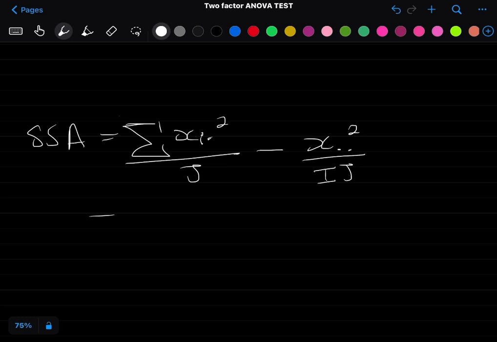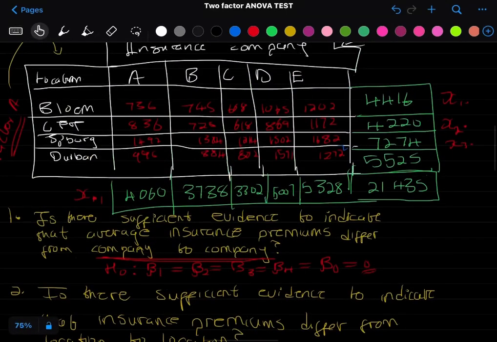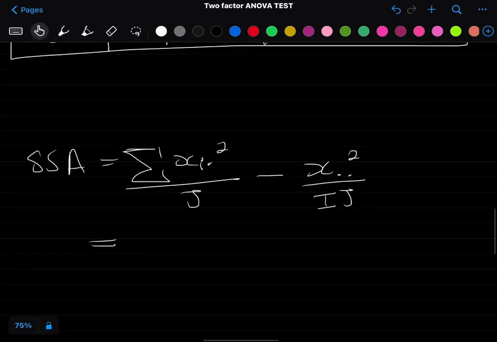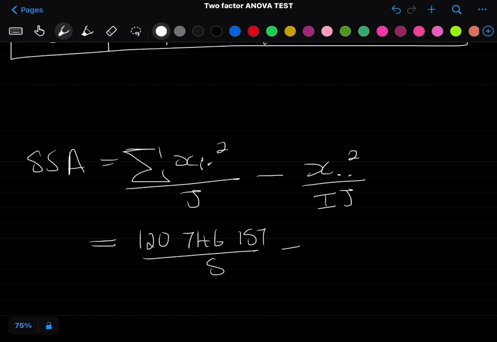Now it will be 4416 squared plus 4220 squared plus 7274 squared plus 5525 squared, which is 120,746,157 divided by 5, minus 21,435, which is our grand total, squared, divided by 4 times 5.